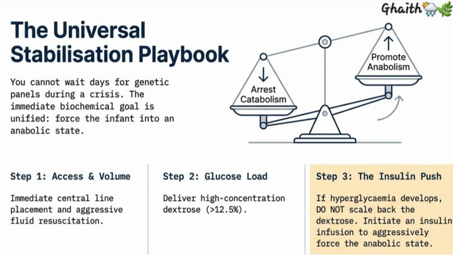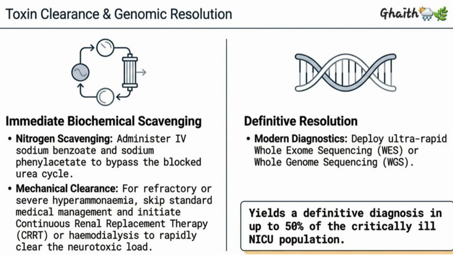Concurrently, initiate nitrogen scavenging therapy with intravenous sodium benzoate and sodium phenylacetate to bypass the blocked urea cycle. If the ammonia levels are refractory or severely elevated, skip standard medical management and move directly to continuous renal replacement therapy or hemodialysis to rapidly clear the neurotoxic load.